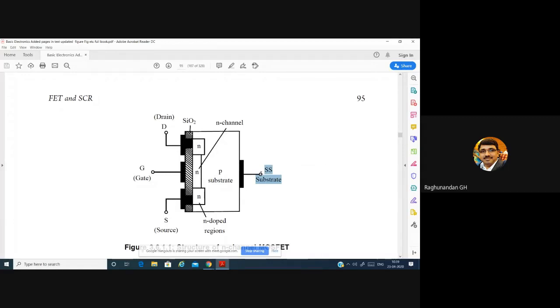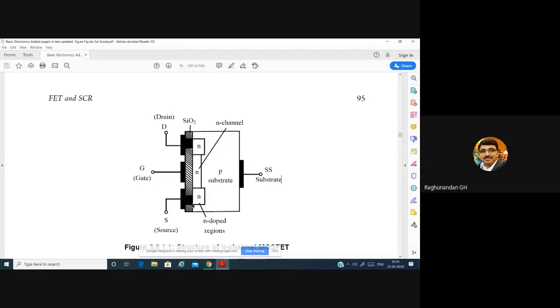But in 99.99% of cases, this substrate connection will be left open. They will provide the substrate connection, but will not use it. It will always remain open.